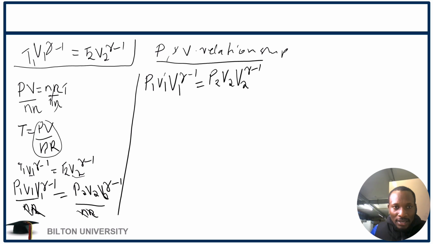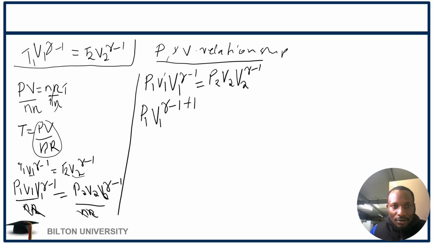According to the laws of exponents, the same base multiplied means addition of exponents, so we can write this as P1 V1 to the power gamma minus 1 plus 1. This plus 1 is the exponent of this V, because they have the same base.